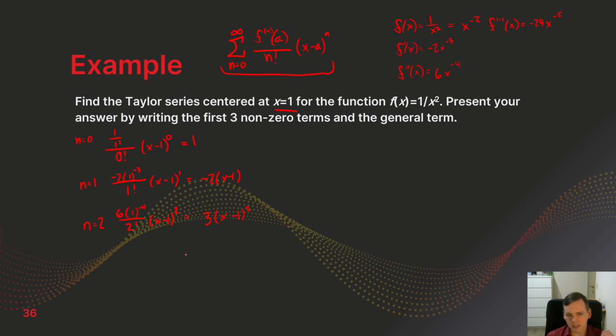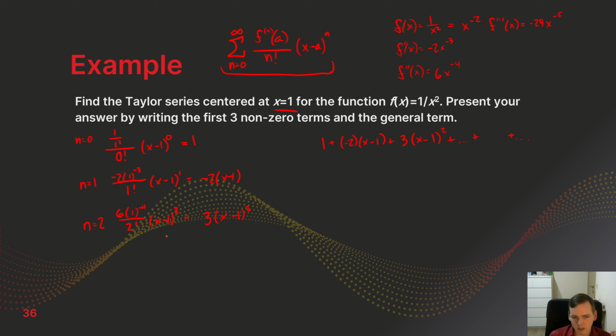And now we have to get a little clever to figure out our nth term. So these are our first non-zero terms. So we're going to write 1 plus negative 2 times x minus 1 plus 3 times x minus 1 squared plus some unknown, and then we'll have our nth term, and then infinite terms after that.